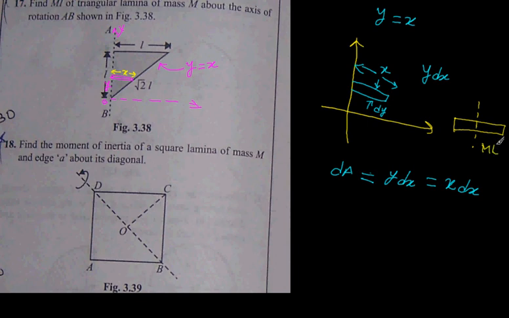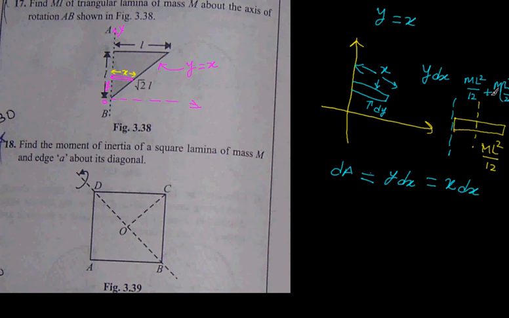And if you want to find the moment of inertia along this edge axis, then you will use the parallel axis theorem: ml square by 12 plus m into (L by 2) square.